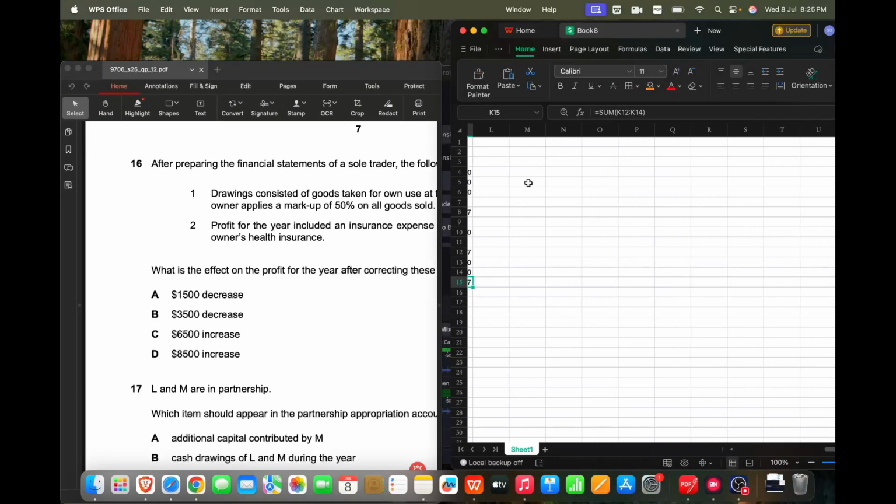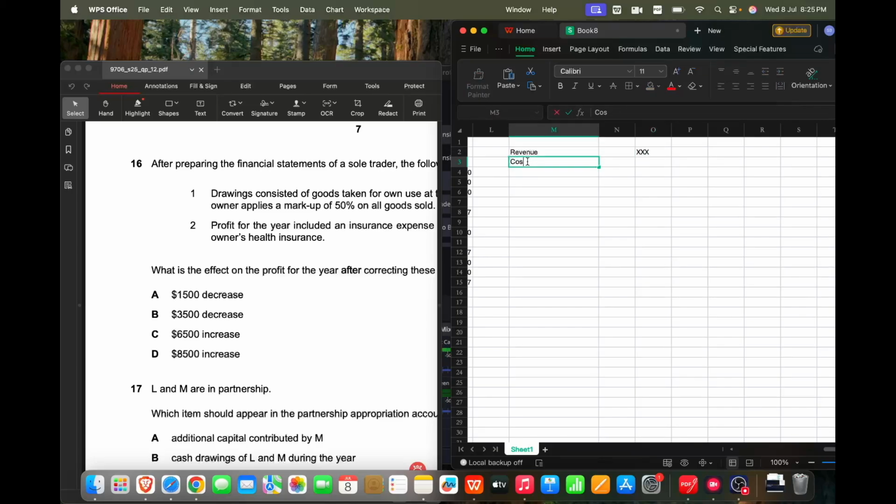Okay, let's understand this. There is revenue, and from this revenue we subtract cost of sales, and when we subtract cost of sales we get profit, or gross profit. For now let's understand this as just a profit, it would be easier.